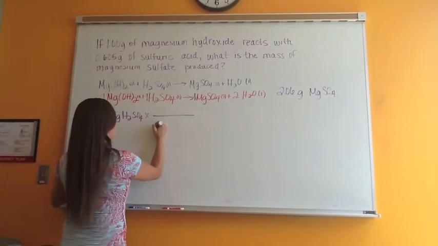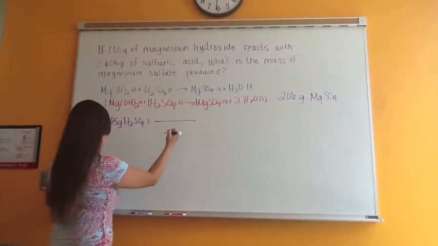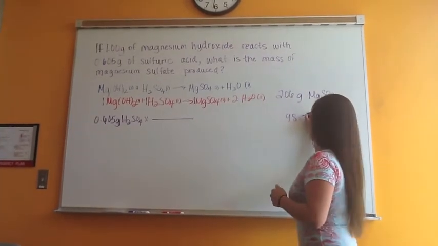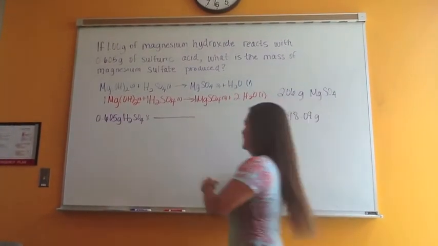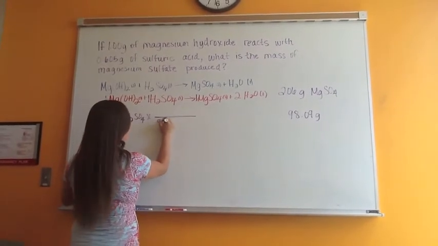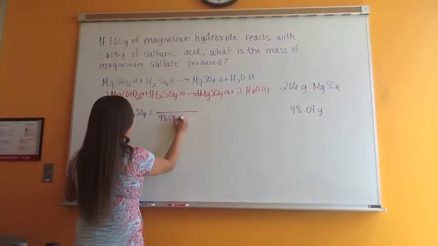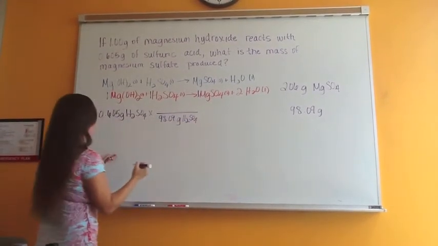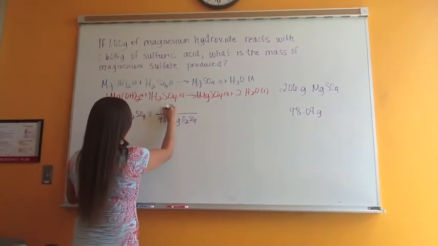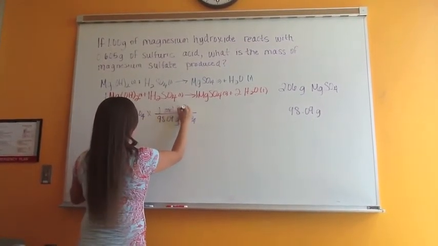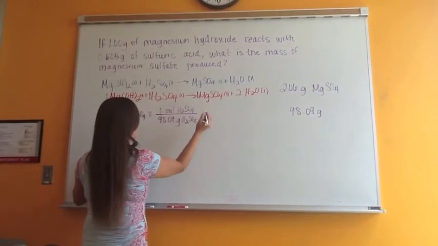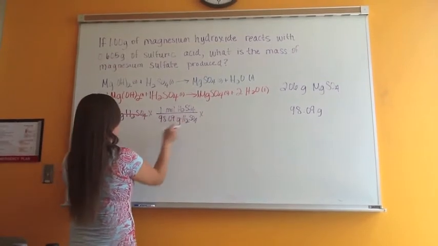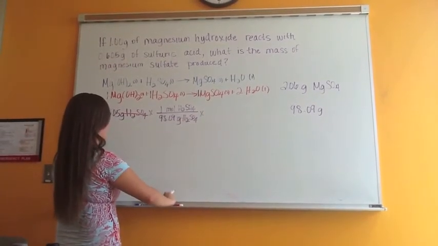After adding up the molecular mass, sulfuric acid is 98.09 grams, so we insert that here, and that's 1 mole of sulfuric acid. Now we can get rid of this.